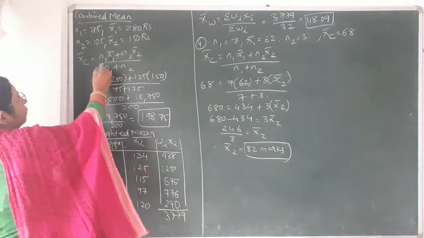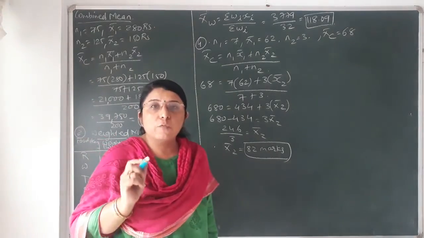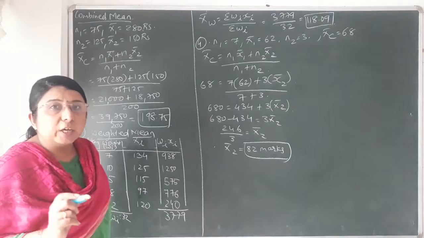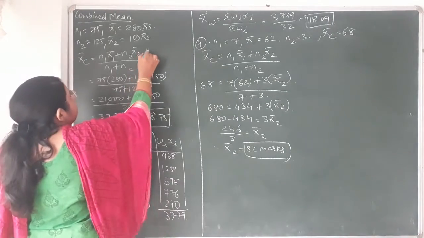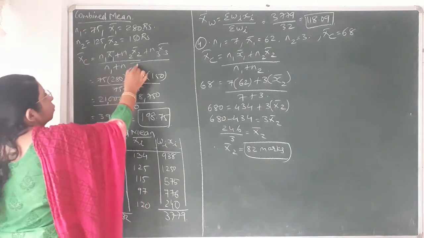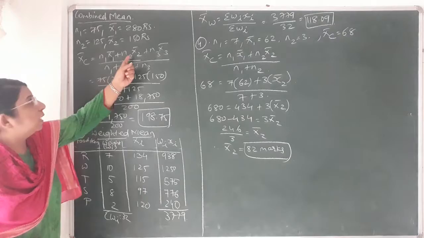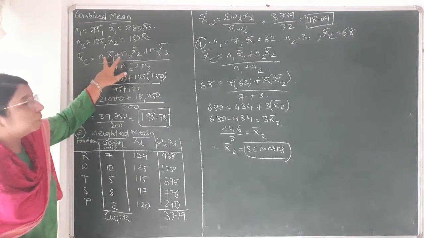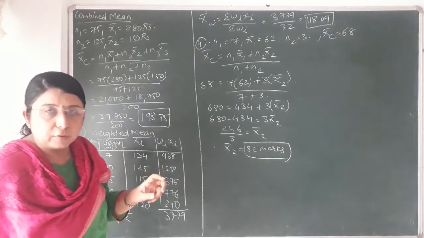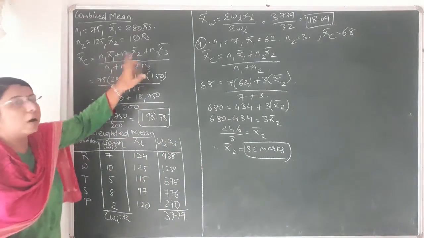That is, the formula becomes n1 x1 bar plus n2 x2 bar plus n3 x3 bar upon n1 plus n2 plus n3. In the first sum that I have done, there are only two different means given of two different groups of observation. That's why I have carried forward my formula up till n2 x2 bar only.